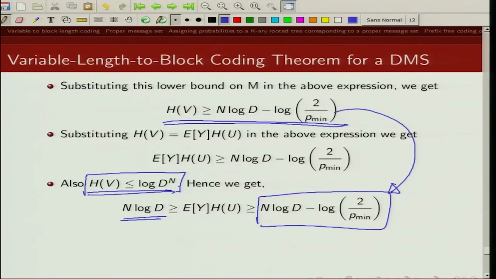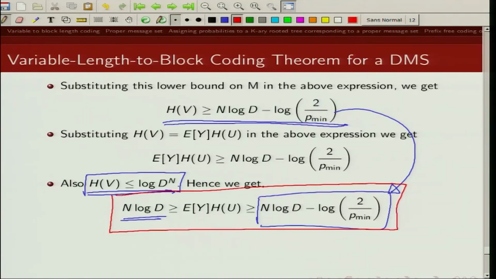So combining this upper bound and lower bound, I can write that this is a relation governing the expected value of y, the uncertainty in u, the code word length n, the D-ary alphabet size of the output code word, and this is the minimum probability of the single letter emitted by the discrete memoryless source.